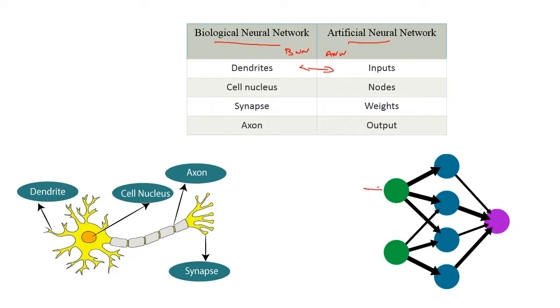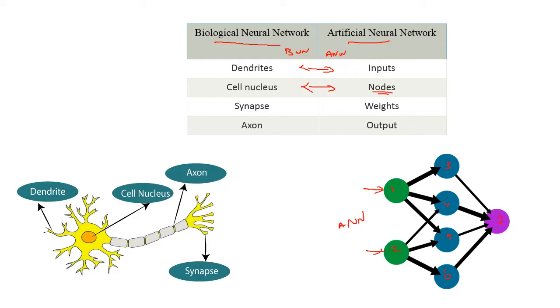See, this is the artificial neural network. Here we have two input nodes. The cell nucleus is the same as the nodes in the artificial neural network. So here we have 2, 3, 4, 5, 6, 7. So totally 7 nodes will be there in this network.